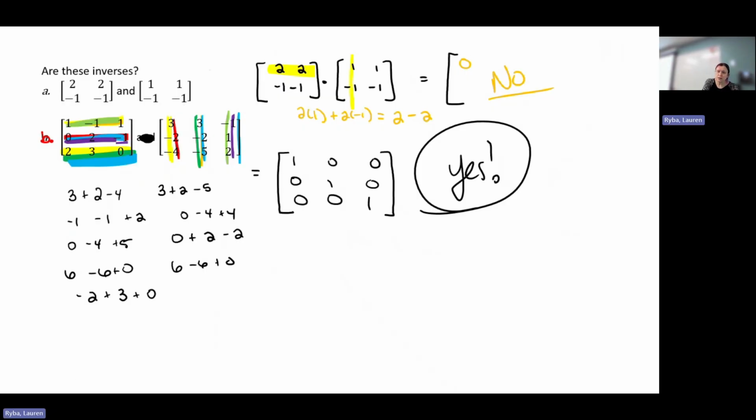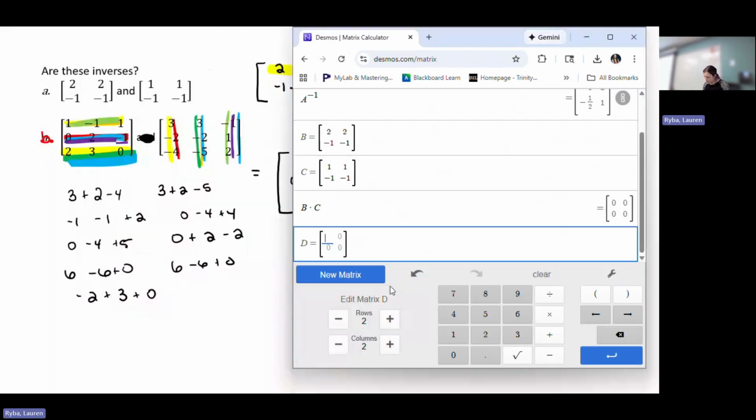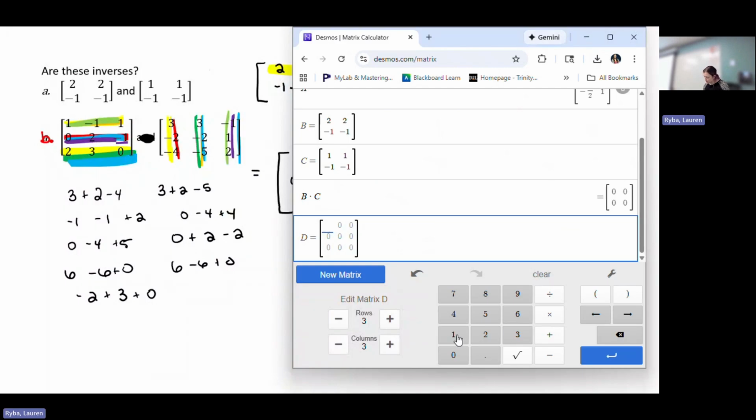If I want to check inverses for this one, could I turn this into a 3 by 3? 1, -1, 1, 0, 2, -1, 2, 3, 0.